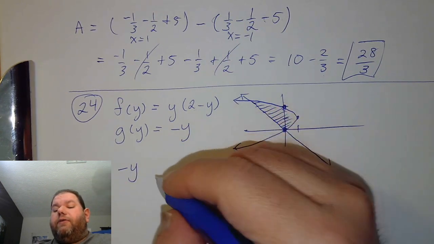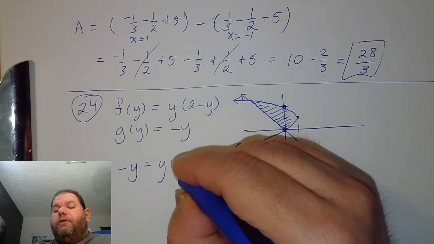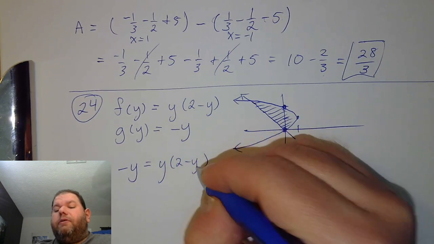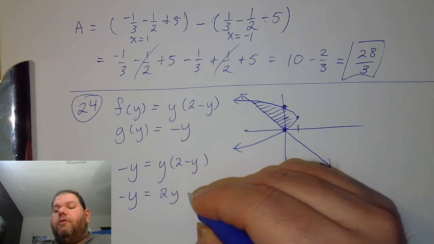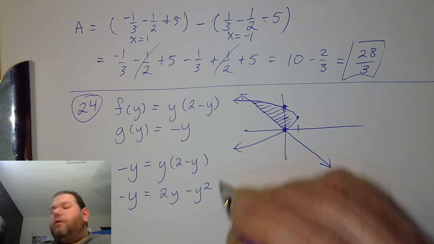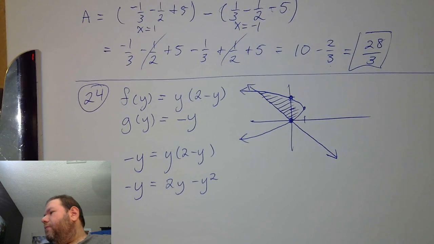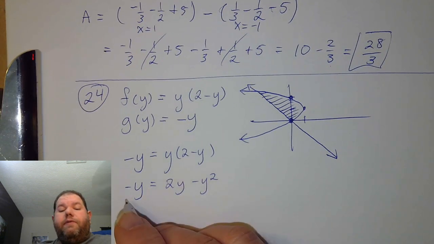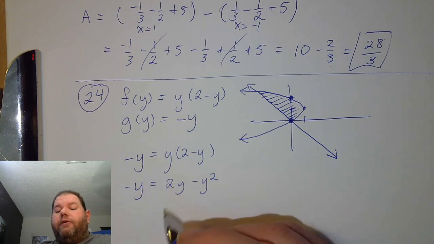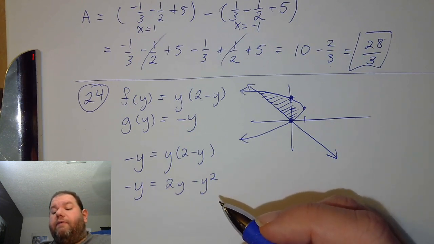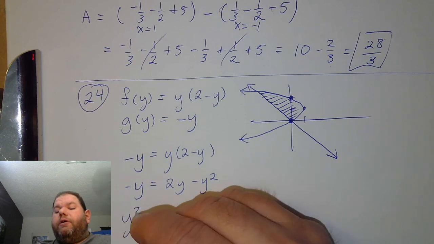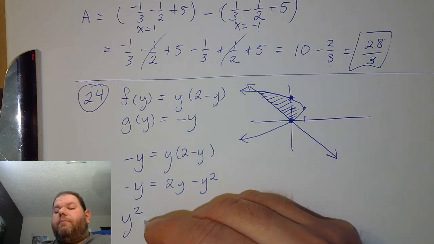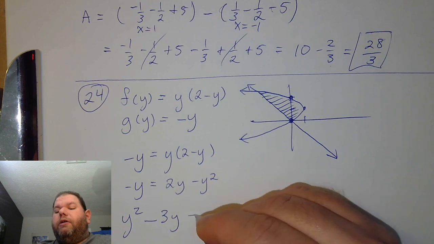So if we take negative y equals y times 2 minus y, what I'm going to do is take everything here and move it over to the left hand side. That way the y squared term will be positive. So we'll end up with y squared minus 3y equals 0.